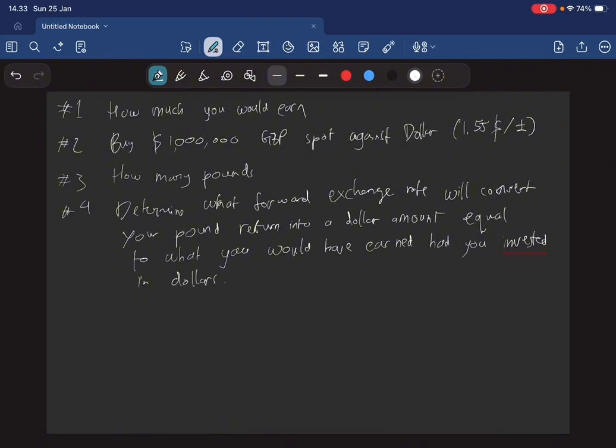How to calculate this? First we have 1 million US dollars times 1.02, which is equal to $1,020,277.78.